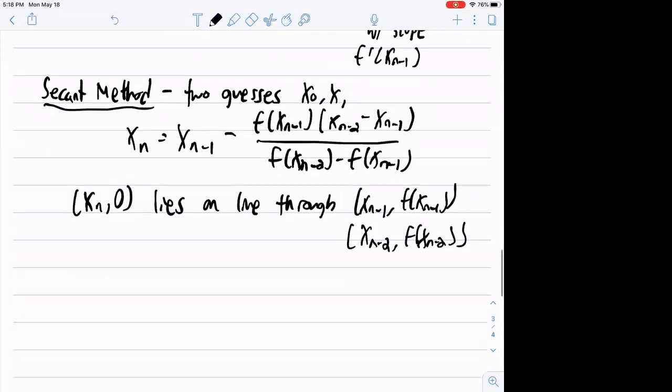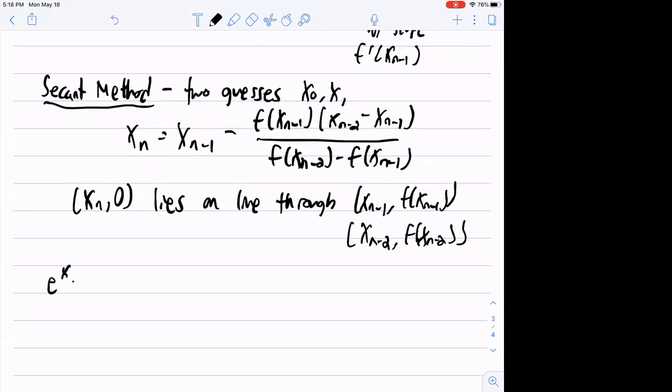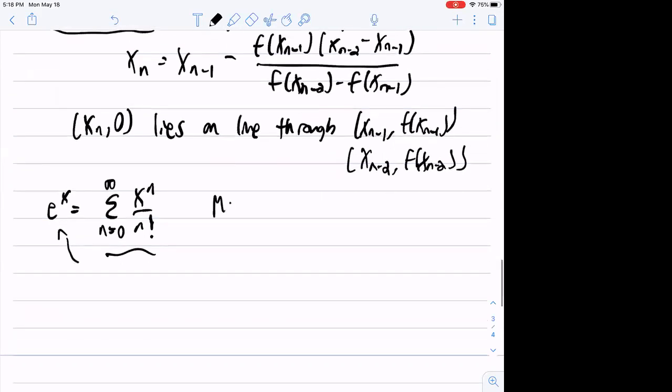If you think of e to the x, hopefully you all know the series, right? The question is why do we need this power? Why is it equal to the power series? This series is approximating e to the x in a sense. One way to think of it is Math 2A linear approximation: you use the tangent line to approximate the value of your function for points close by.